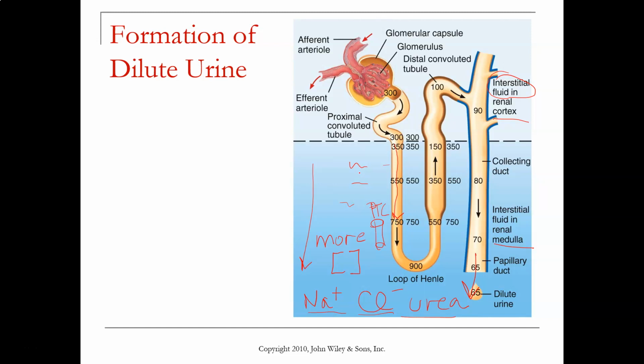So that's why you need this gradient out here in the interstitial fluid, so that it stays more concentrated than the filtrate, which itself is becoming more concentrated as you reabsorb water. So the short explanation is that the gradient helps in the reabsorption of water by osmosis.